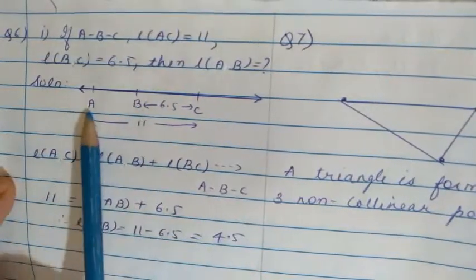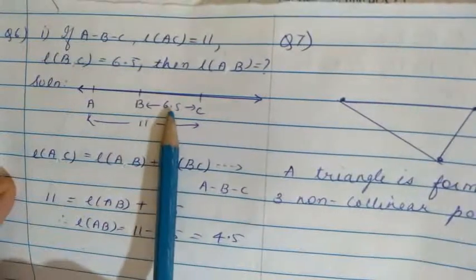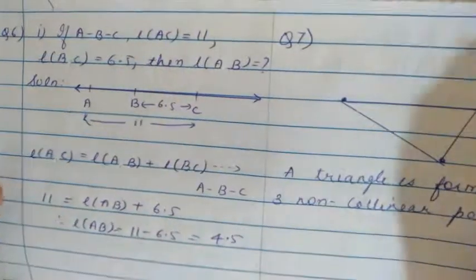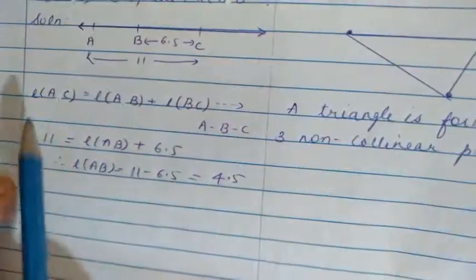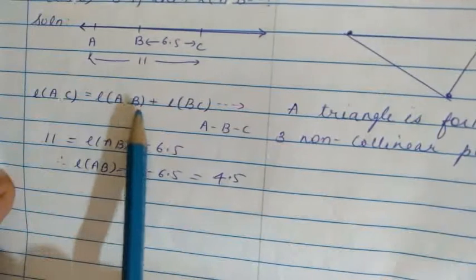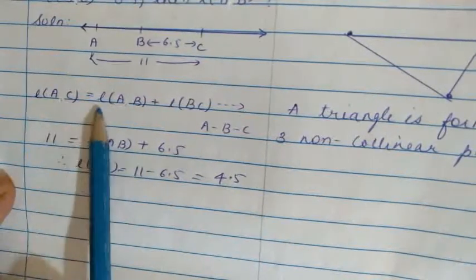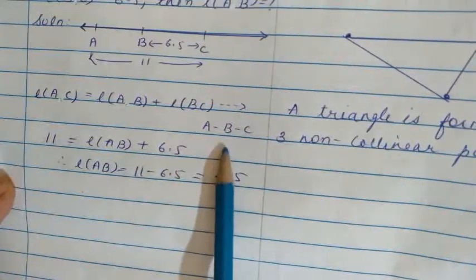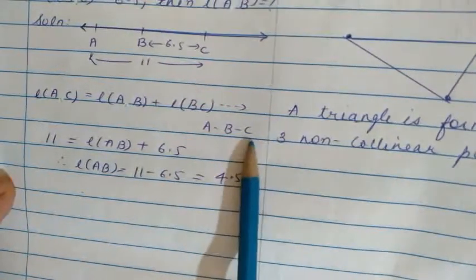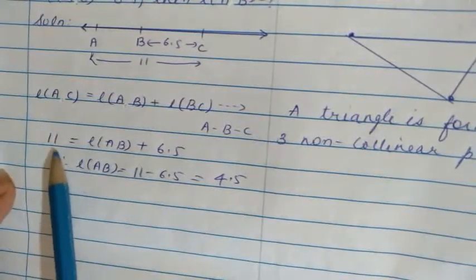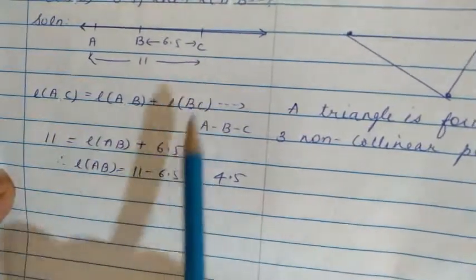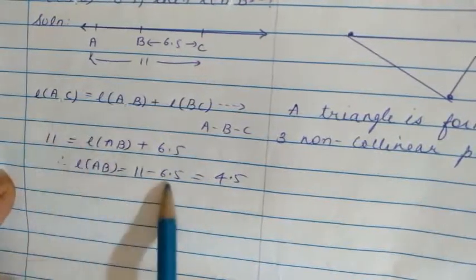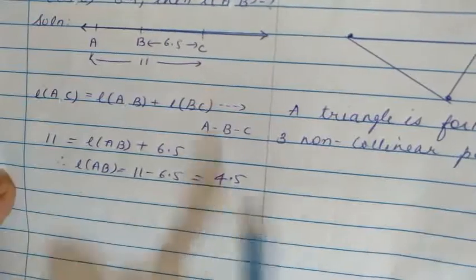Write their points A, B, C and their lengths. So AC is equal to 11, BC is equal to 6.5. As you know, length AC is equal to length AB plus length BC. Reason already given to us, point B lies in between A and C. Length AC is 11, substitute, is equal to length AB plus length BC is 6.5. Therefore, length AB is equal to 11 minus 6.5. Therefore, length AB is equal to 4.5.